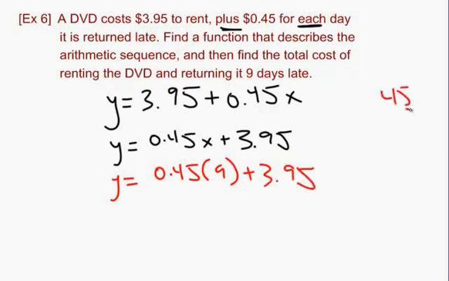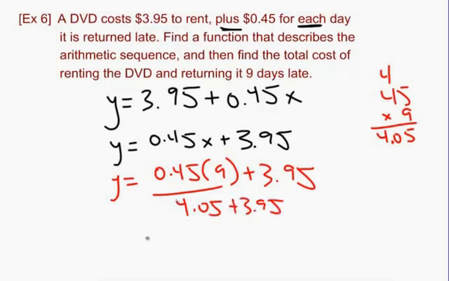So we do 45 times 9. And that's a 0.45, so 2 digits after the decimal, so it'd be like this, $4.05. So we have $4.05 plus $3.95, and that's $8. So you would say the total cost is $8.